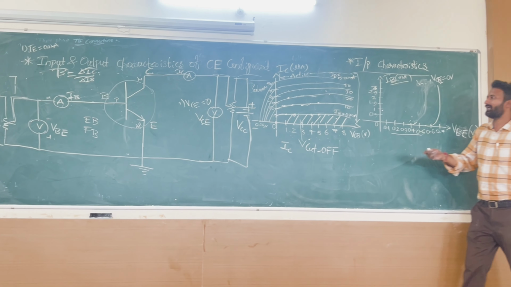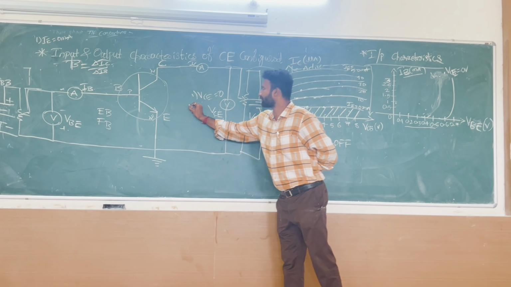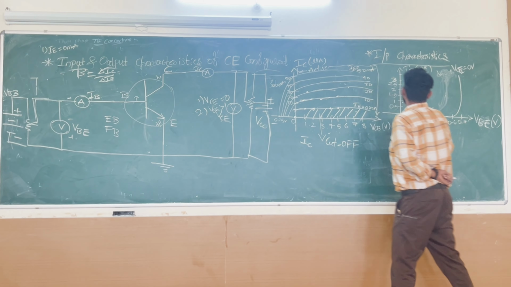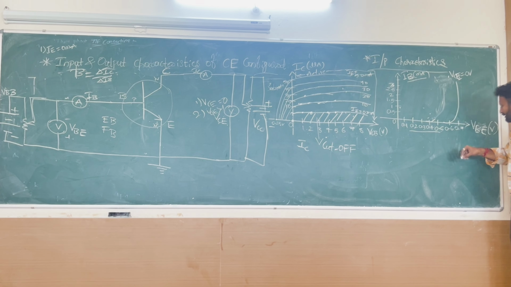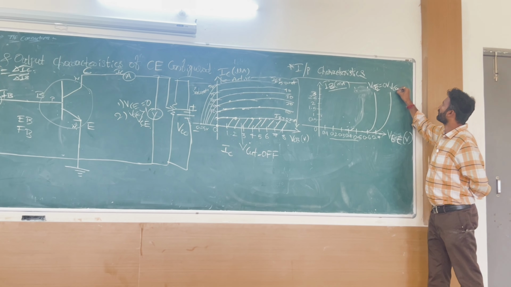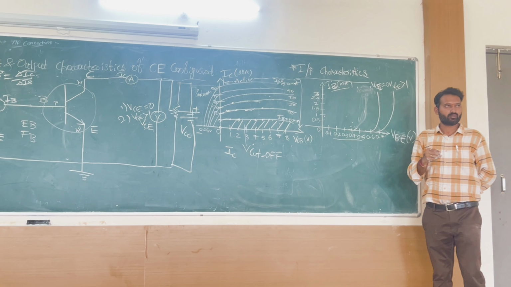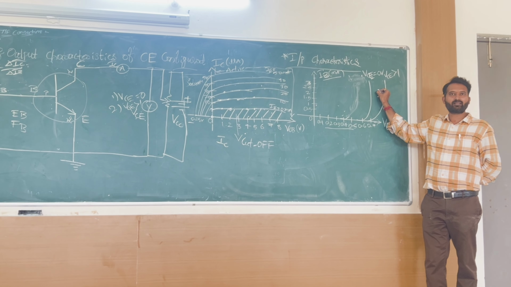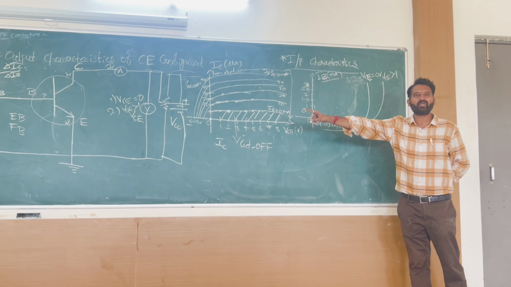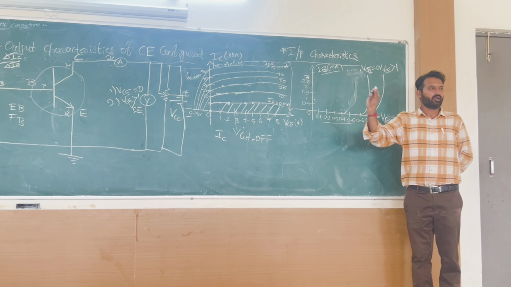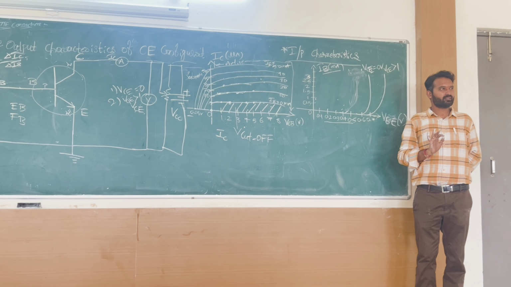Clear? My second case is I'll make VCE greater than 1. In this case, the graph will shift towards the right side. The junction will behave like a PN junction diode under forward bias characteristics as EB is forward biased.